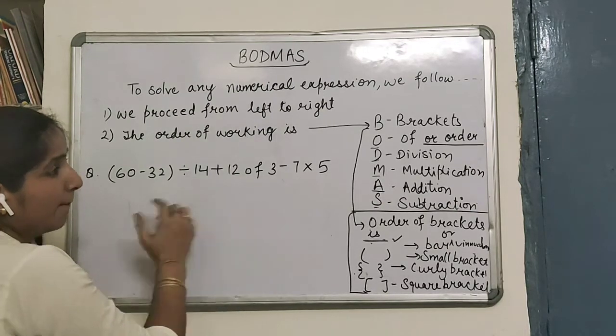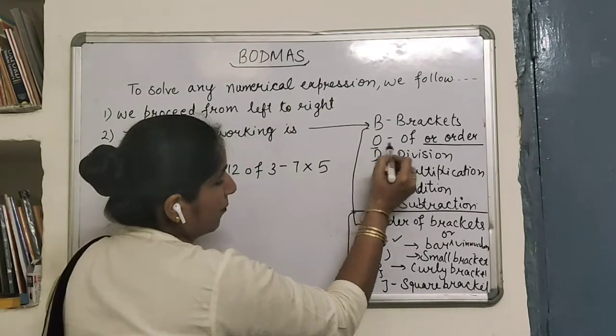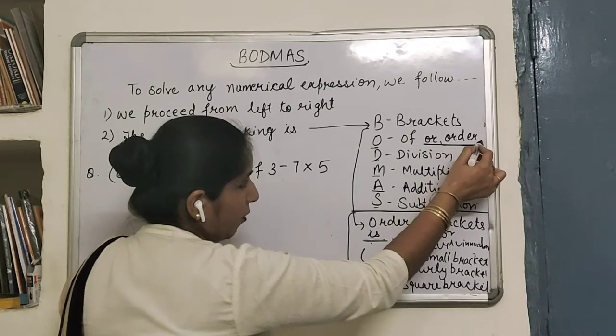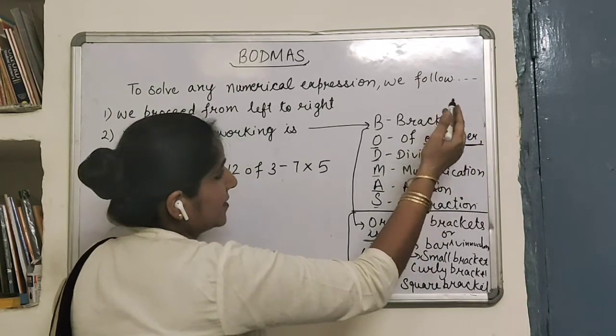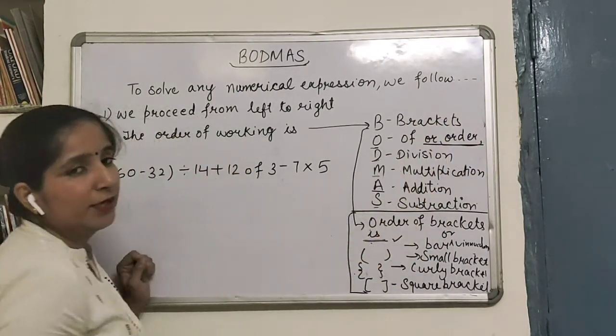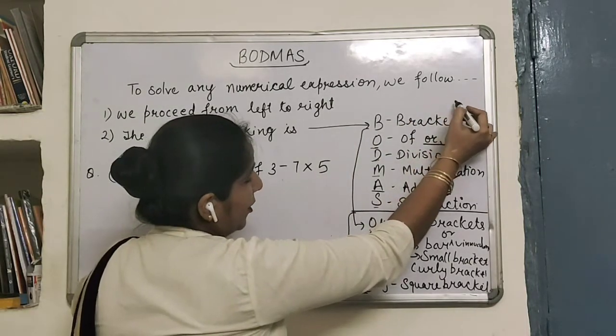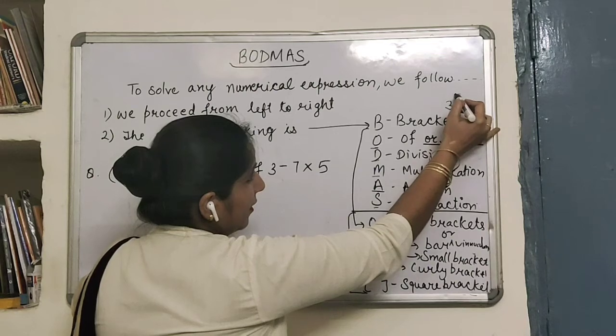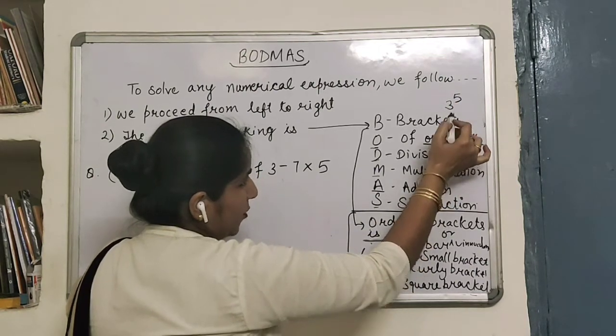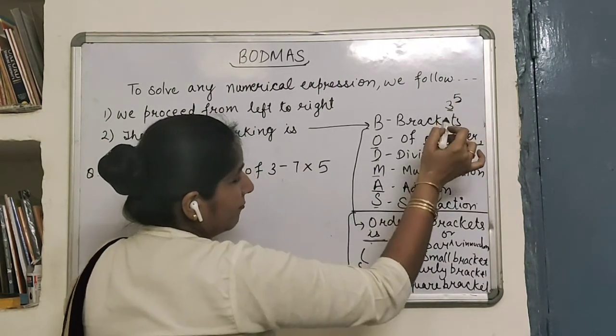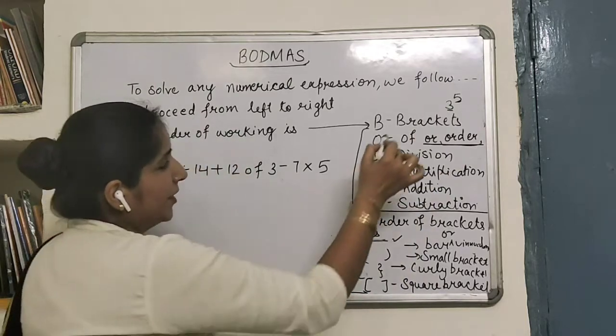But in later classes, this operator stands for order also. Order is something else that you learn in senior classes. I can give you an example. Order means something like 3 to the power 5, it can be exponents as well. It's an order and we need to solve it.